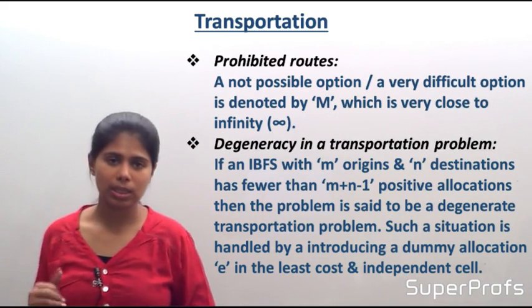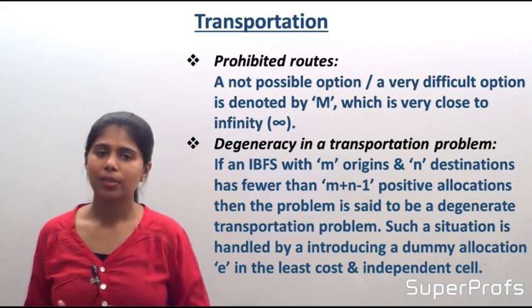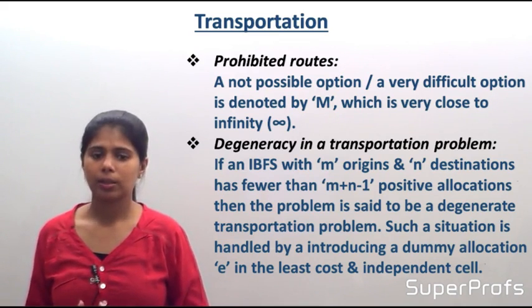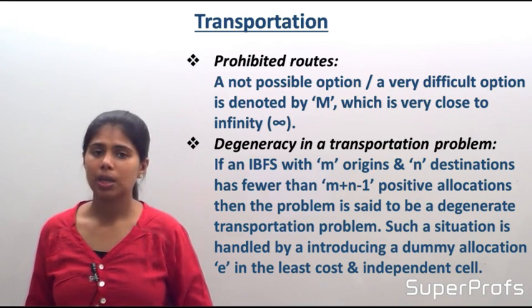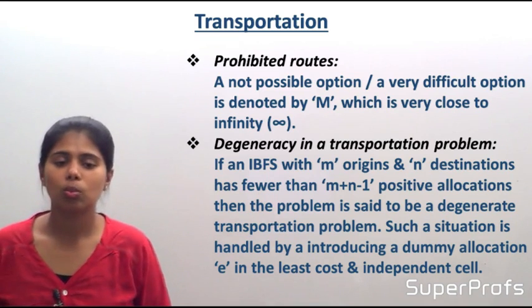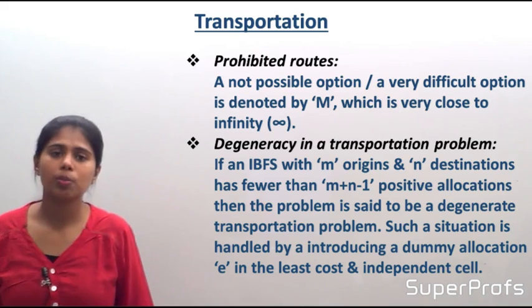Degeneracy is something which we discussed during the course of doing it. If the number of allocations was less than the order of matrix, then the problem was degenerate, and we had to insert a dummy allocation E from where the loop could not be made. So let's just do degeneracy first. So what is degeneracy in a transportation problem?